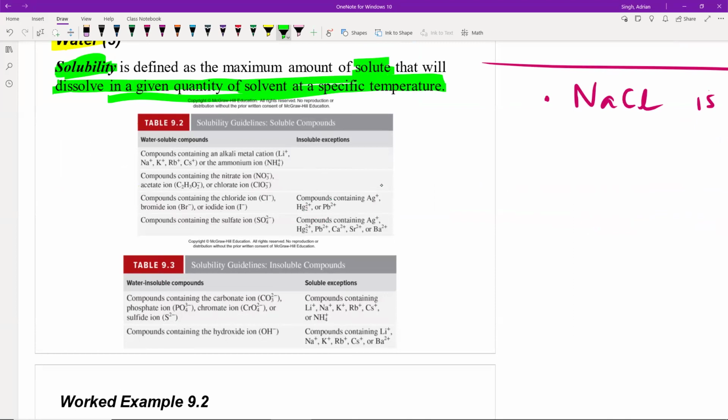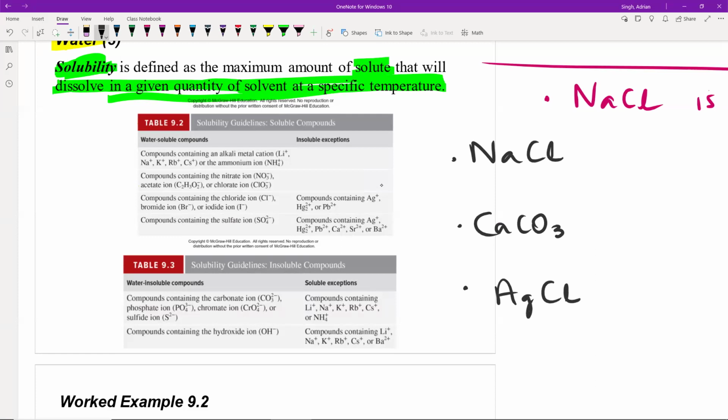So we'll take a look at two examples right now, well, maybe we'll take a look at a few others. Let's take a look at NaCl. We'll take a look at calcium carbonate, CaCO3. And then we're also going to take a look at AgCl.